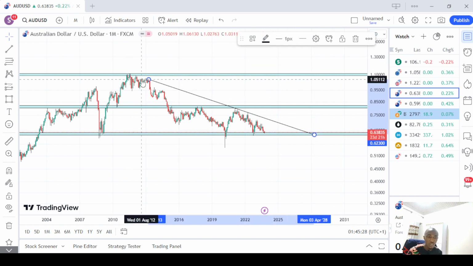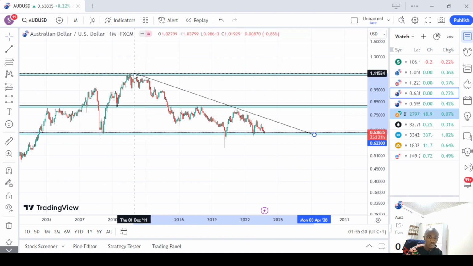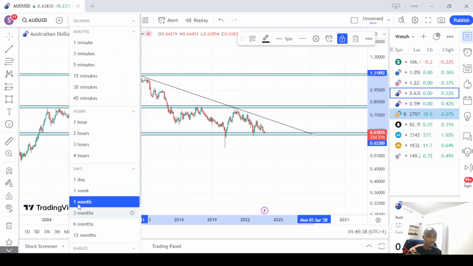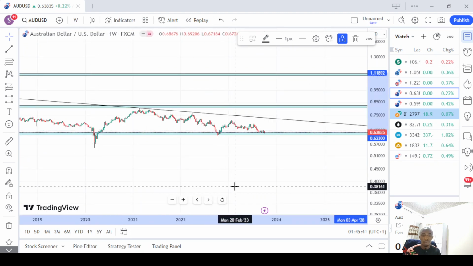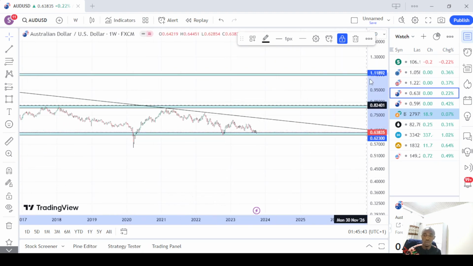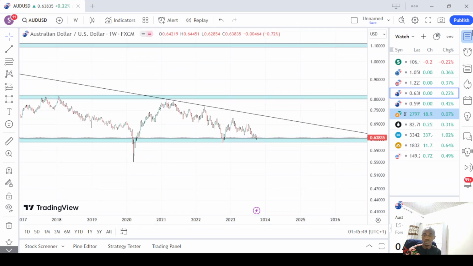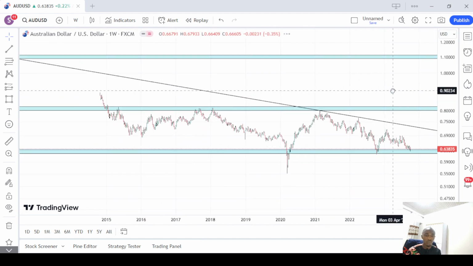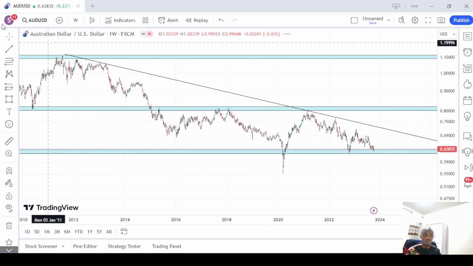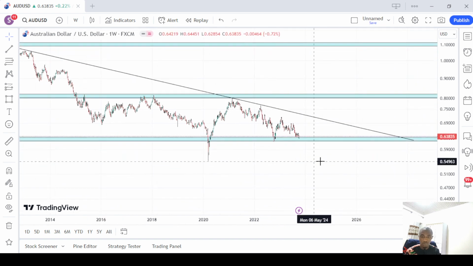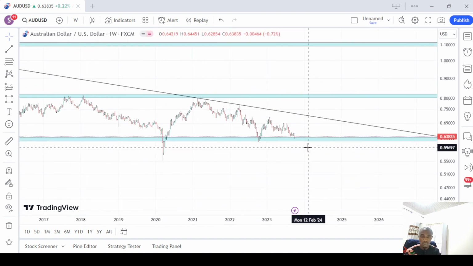So you can do all of this trend line drawing on the monthly also or on the weekly. But I prefer higher time frames since I'm more of a long term trader. So you can see price is here at the moment.